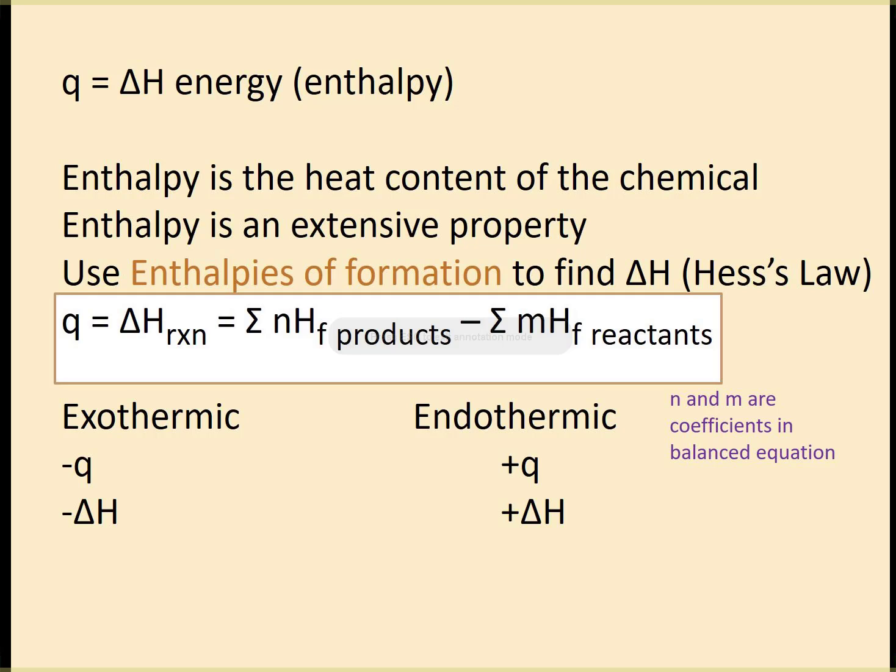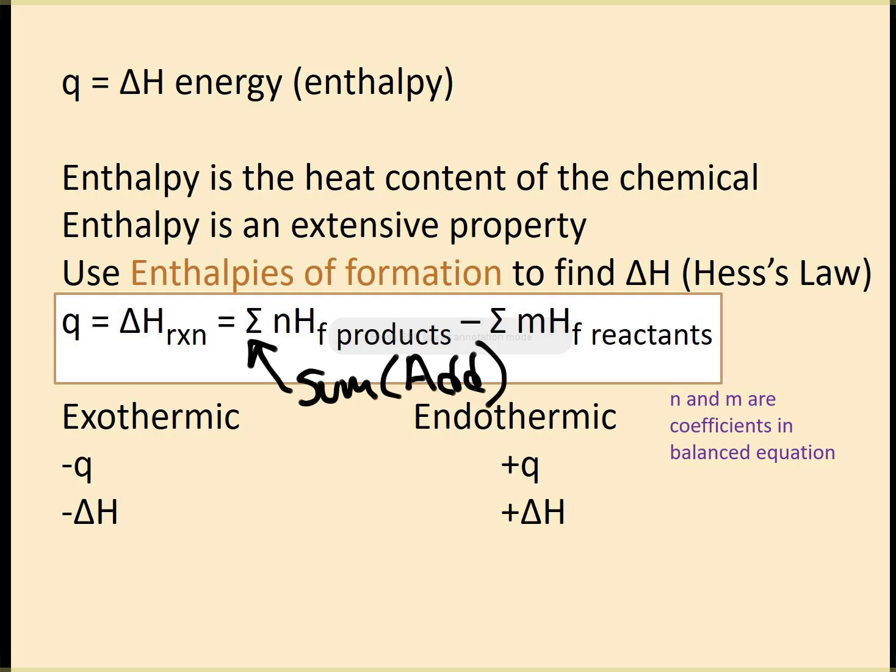You could be given them through Hess's law, but you are going to take your products and add them up. So this symbol right here is your sum, or adding up the values. And they're called heats of formation, so it's like an H sub F. So just know that they are numbers that have been determined experimentally, and you're going to add them up for your products and then subtract the reactants that are added up.